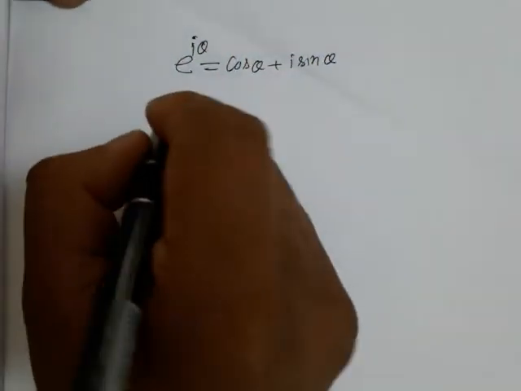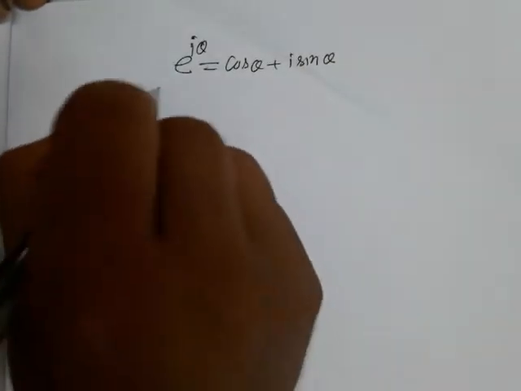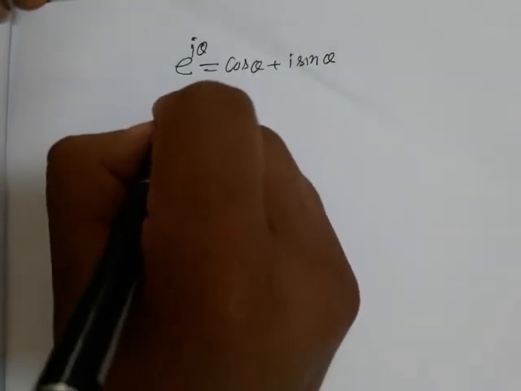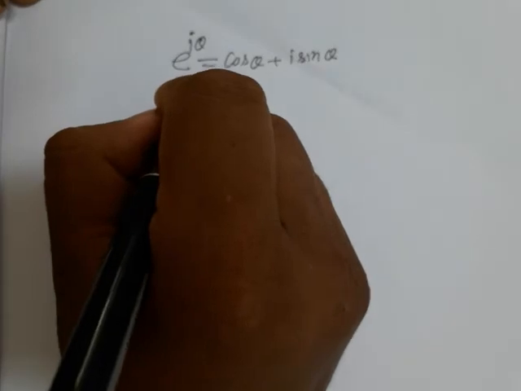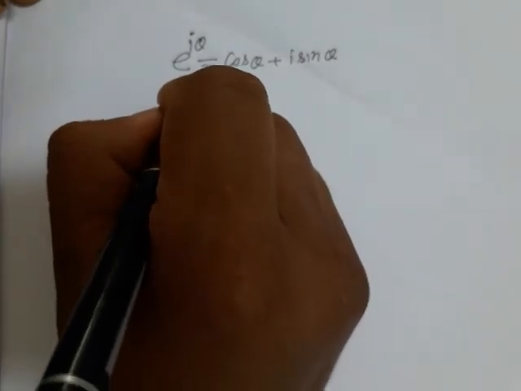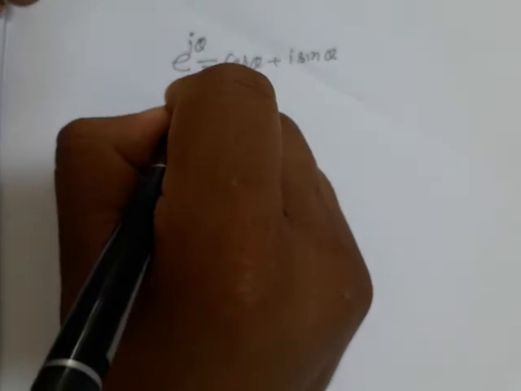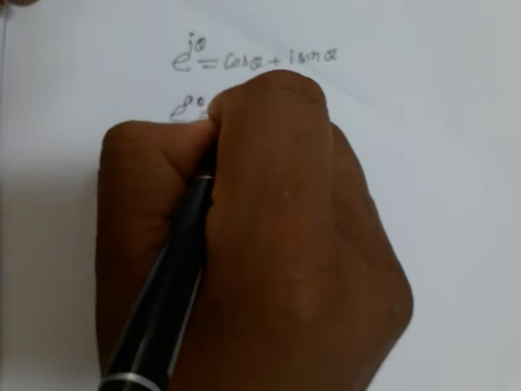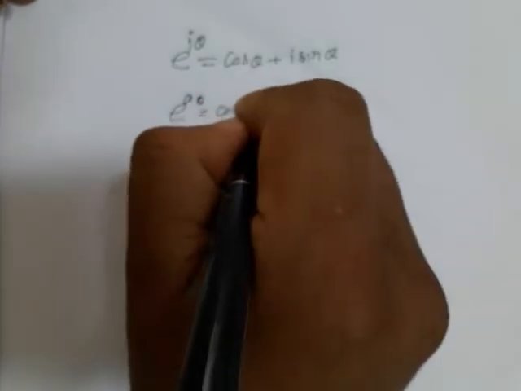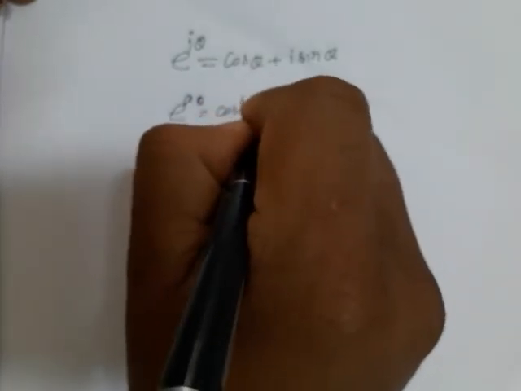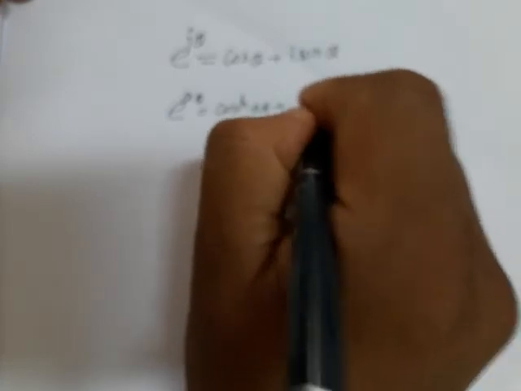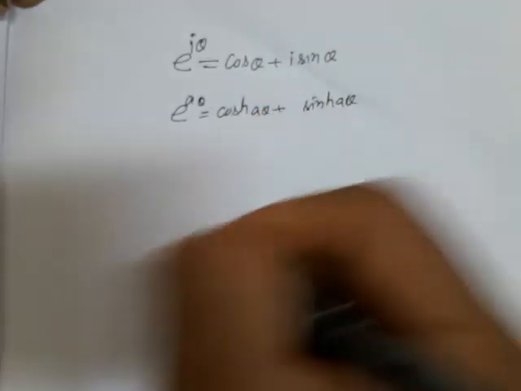Okay, one of the most important formulas for Laplace transformation. And one another formula that is known to you, e to the power a theta equal to cos h a theta plus sin h a theta.